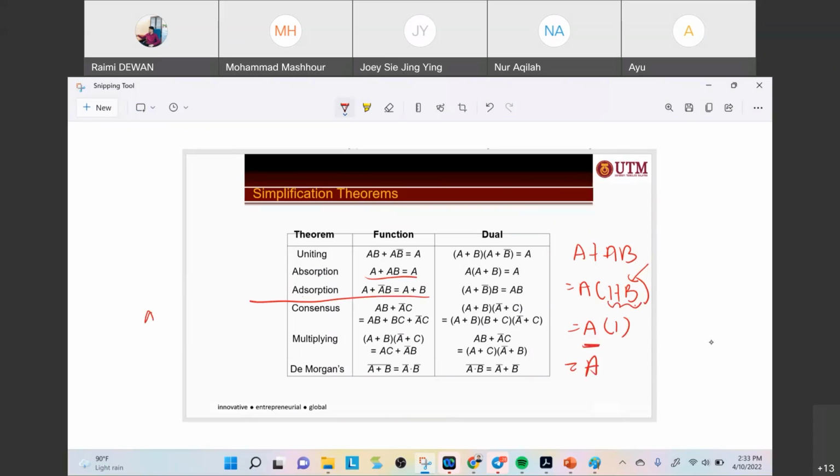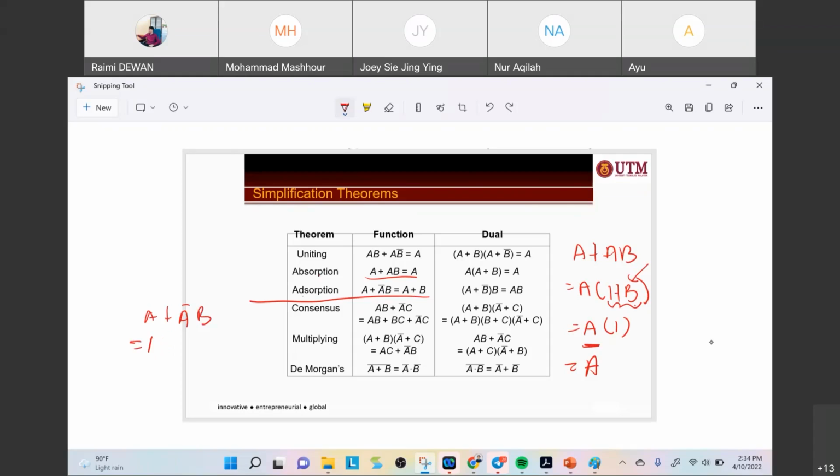If A plus A bar B, how does it get to A plus B? A plus A bar B, A goes to A plus B. So, wait.